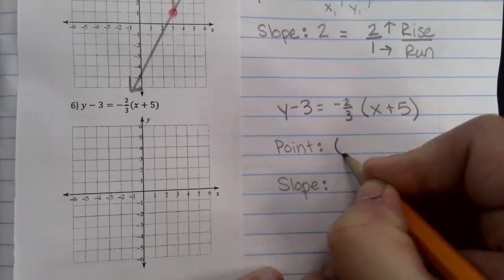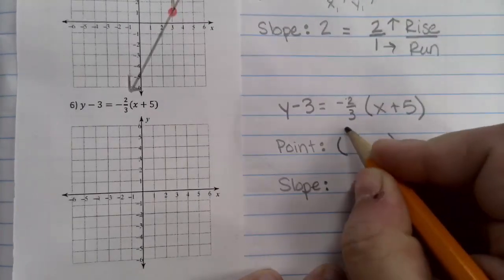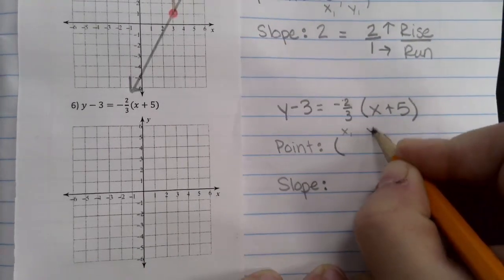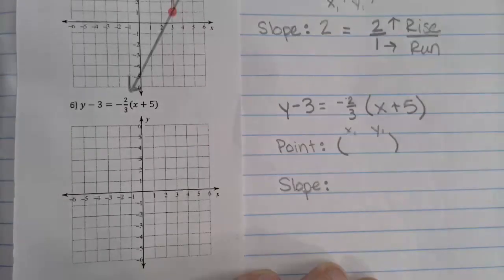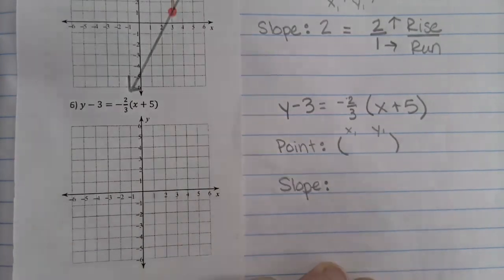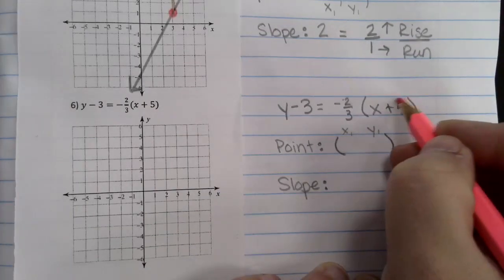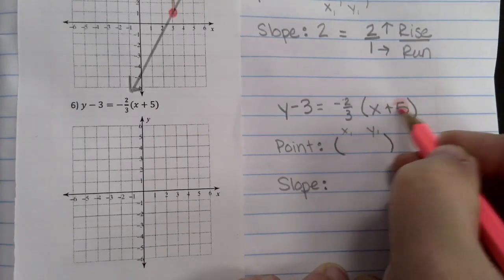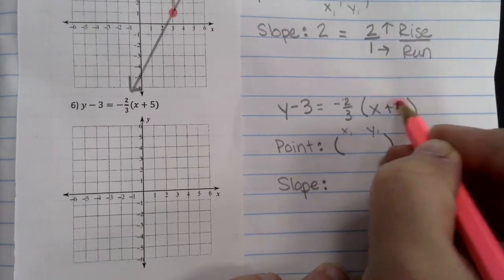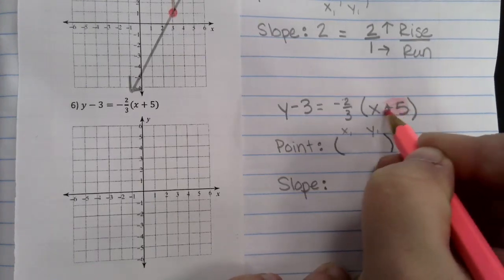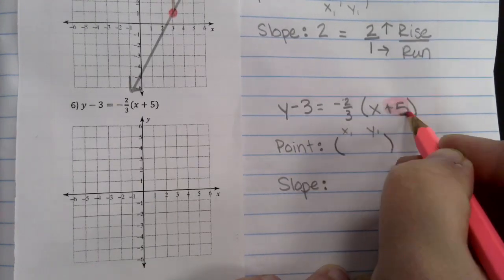Alright, so for my point, I'm going to do my x1 and y1. So I need to think what goes with my x. The 5. Now when I look at this 5, it's not just a 5, it's a plus 5. And we have to think kind of opposite of what our brain wants us to.